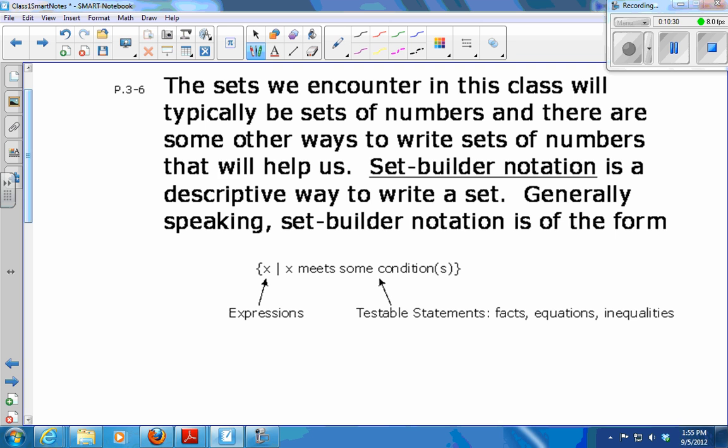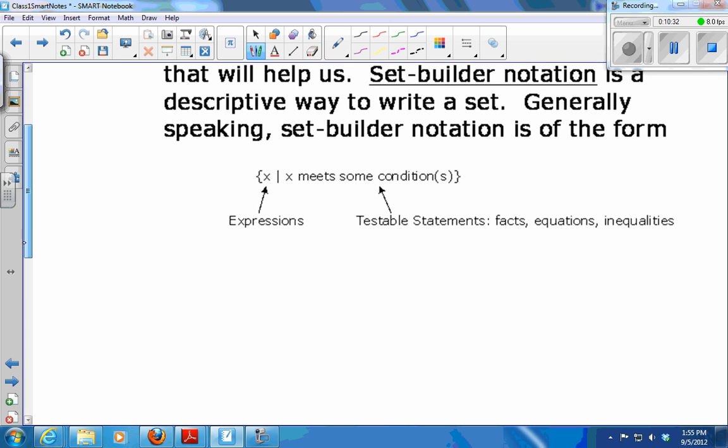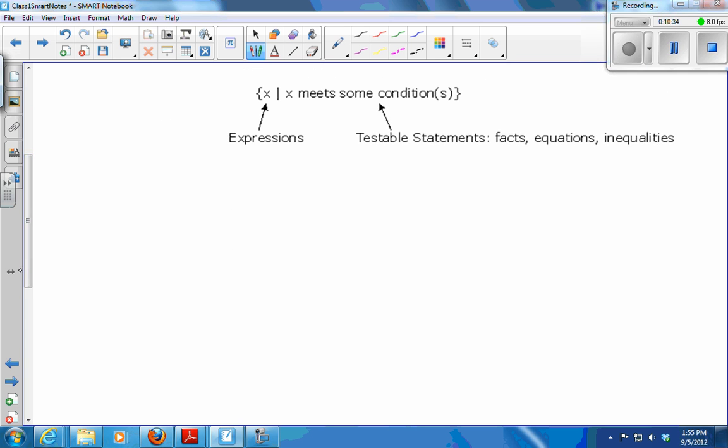It's a descriptive way to write a set, and generally speaking, it looks like this. Curly bracket, X, vertical line, X meets some condition. The way you read this is, the set of all X's, and this vertical line you would read as such that. So the set of all X's such that X meets some condition.